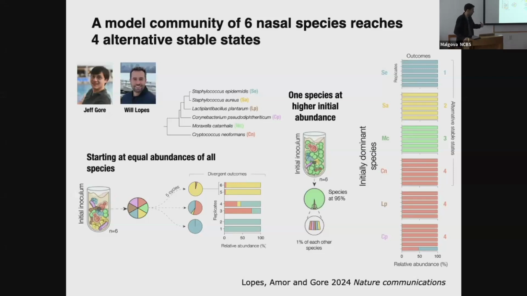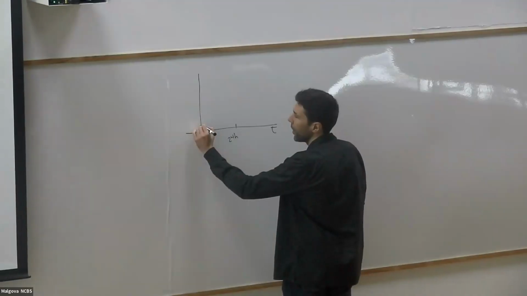But my understanding, based on all the other experiments that I have done, is that let's say you do a 30x dilution, for example, then you will grow about 5 or 6 generations in one day. Let me do it just with 2 species for simplicity.